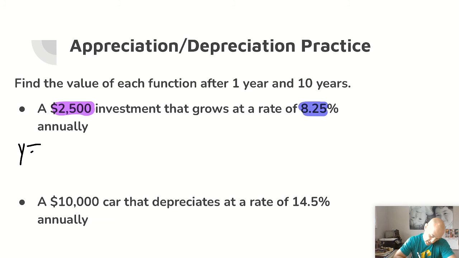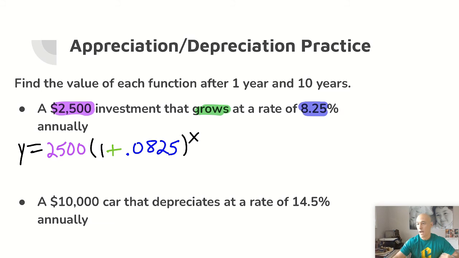So here we have y is equal to, that 2,500 is our a value, and we have 1, because it's a growth rate, so I'm going to make that a plus, and then 0.0825 to the x power.